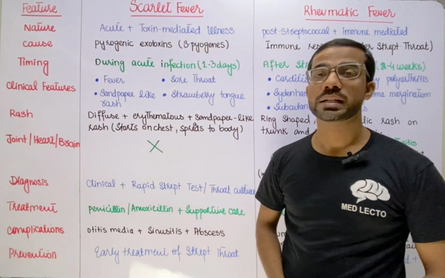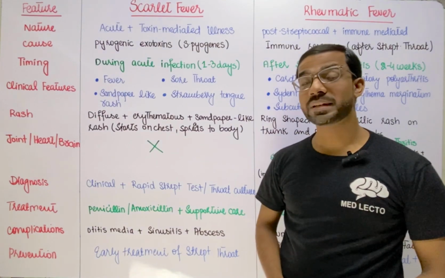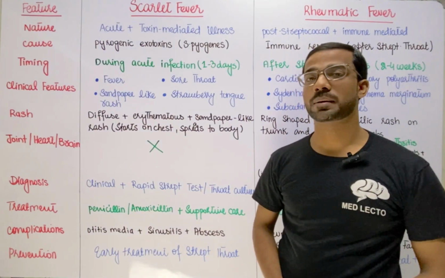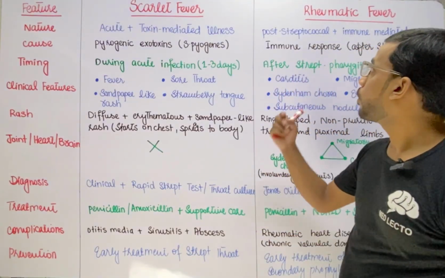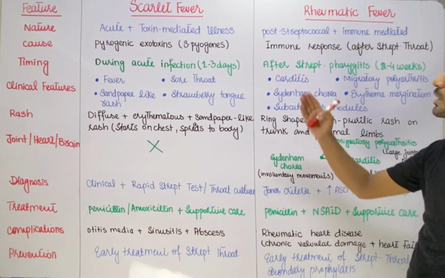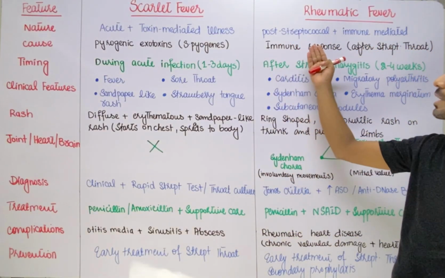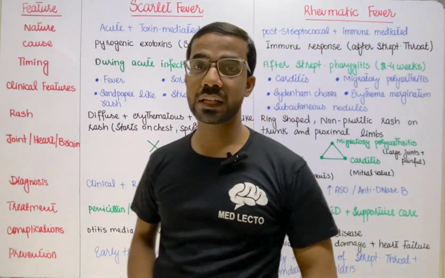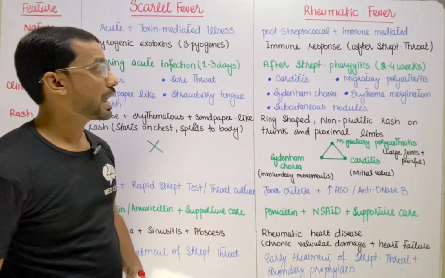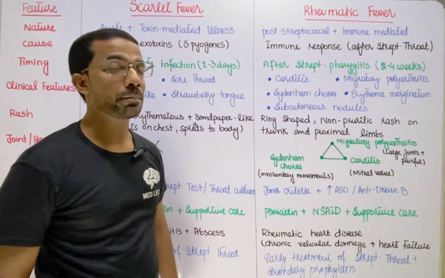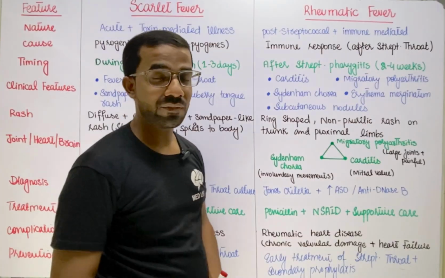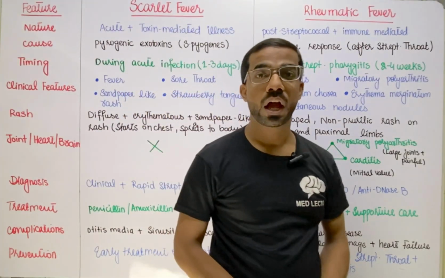It means that scarlet fever is basically caused by the toxin produced by Streptococcus pyogenes, while rheumatic fever is post-streptococcal, meaning it presents after streptococcus infections, and it is immune-mediated: the immune system will activate and cause rheumatic fever.